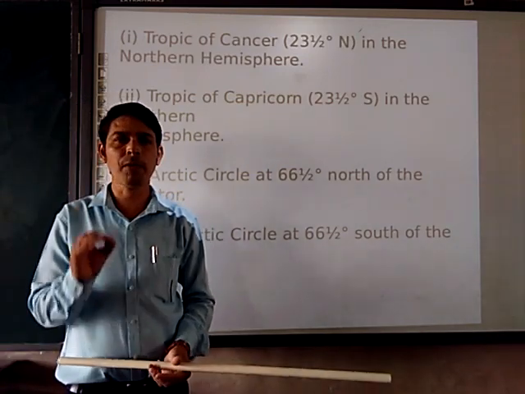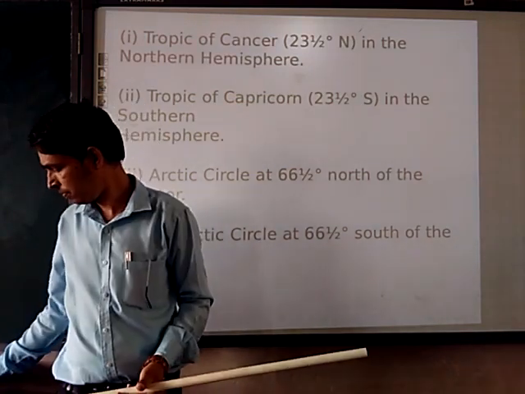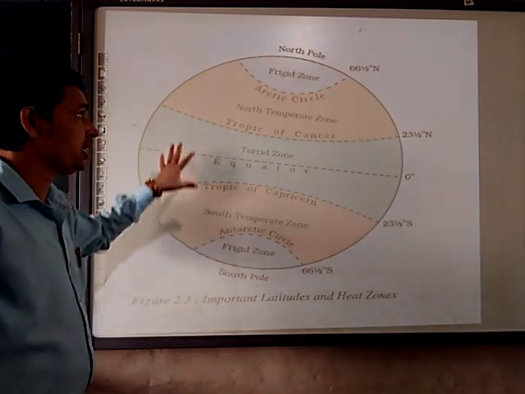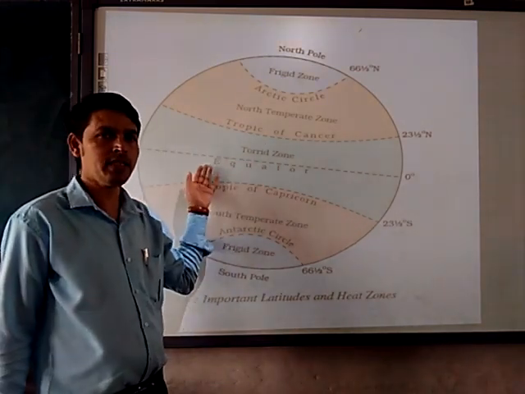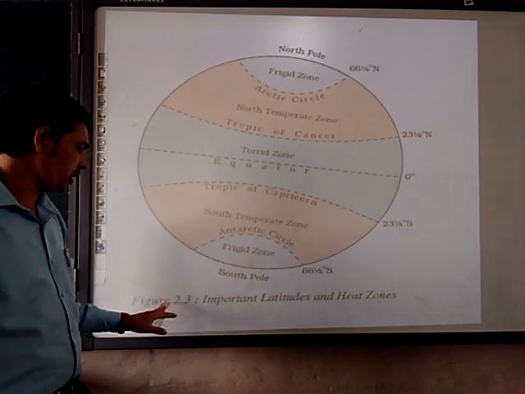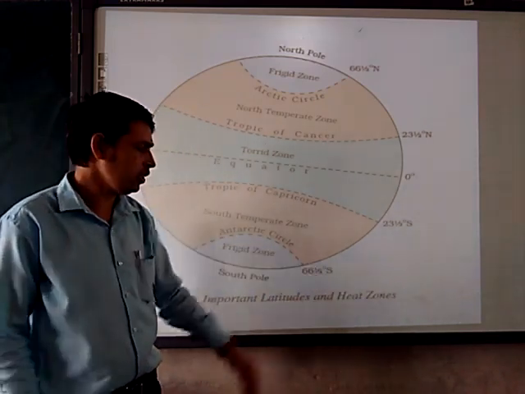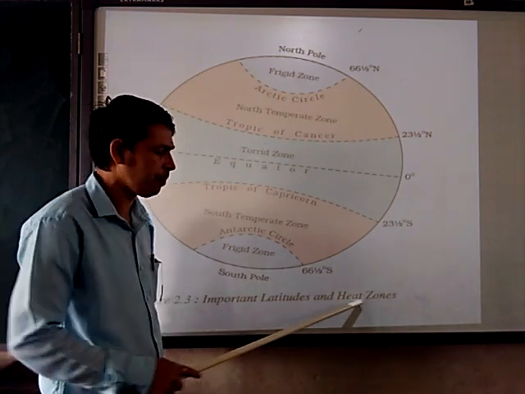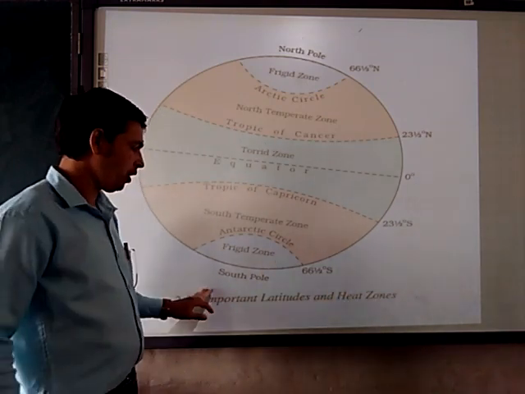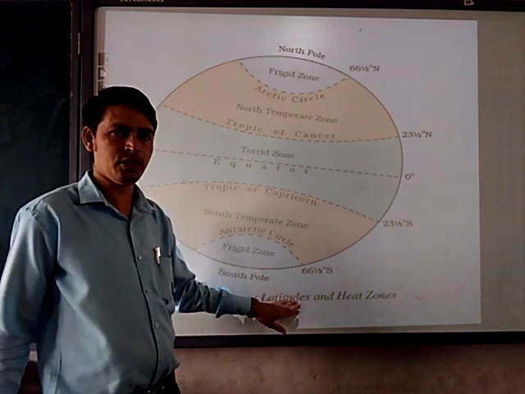Next, with the help of the photograph, we are going to see. See here, this is the book photograph, figure 2.3, important latitudes and heat zones. Today we are not going to discuss the heat zones, but you have to see only the important latitudes.